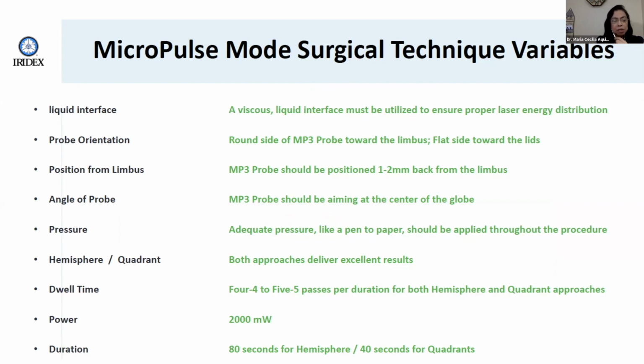Oh, I forgot to mention the pressure into the globe. There should be adequate pressure, like a pen to paper, no? And the dwell time is important, about 4 to 5 passes per duration for both hemispheres, and power and duration.